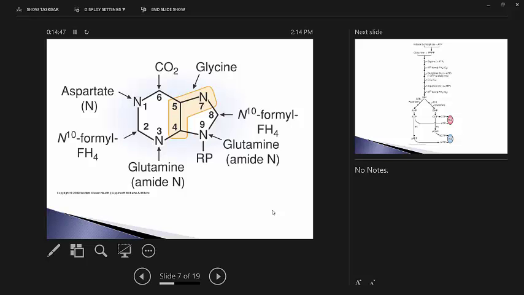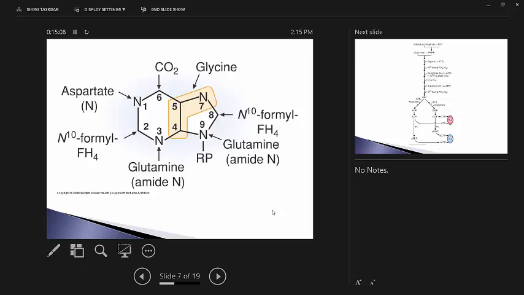Whenever glutamine donates to large molecules, it always donates the amide nitrogen and goes to glutamate. Then the next thing is this 2-carbon amino acid, which you should know as the only 2-carbon amino acid, glycine.